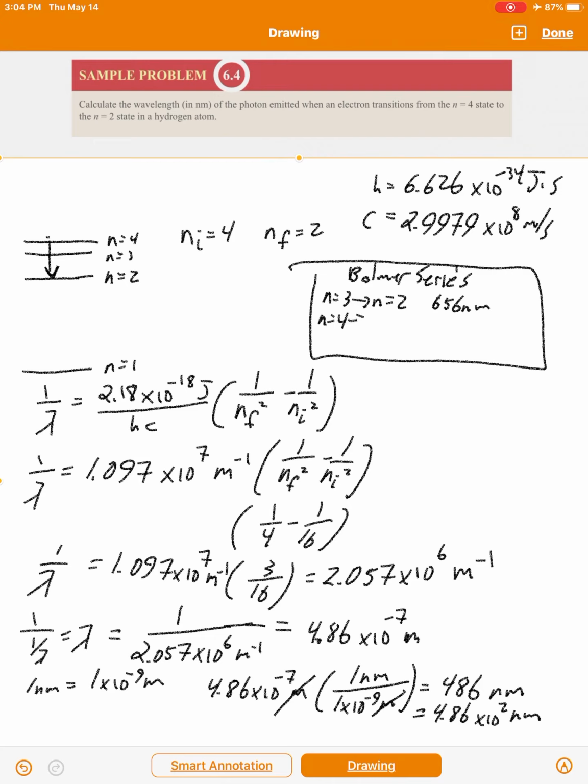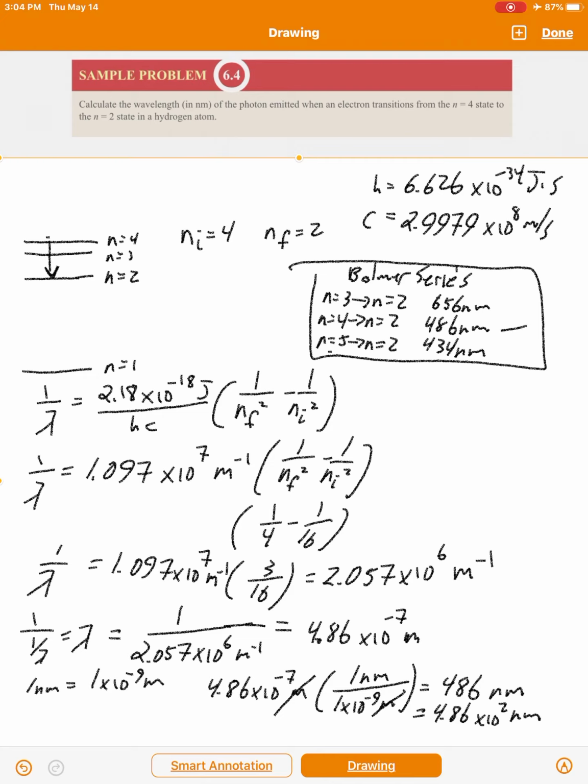And if it's n equals 4 goes to n equals 2, it's 486 nanometers. So right there, that tells us what's going on here. And then n equals 5 to n equals 2, that is 434 nanometers. I'm just doing this from memory. And then n equals 6 to n equals 2 is 410 nanometers.